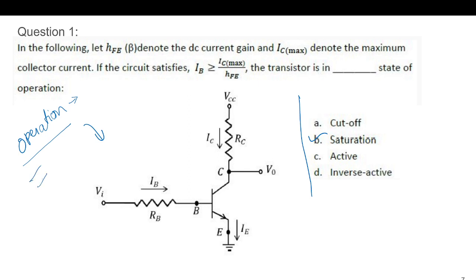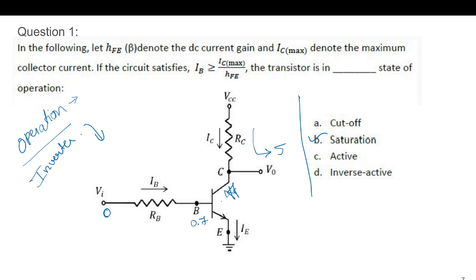This is an inverter. Because if Vin is 0, then this was in cutoff state and the output was 5 volt.